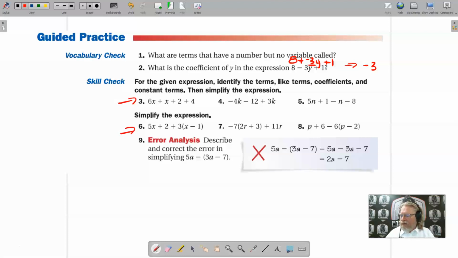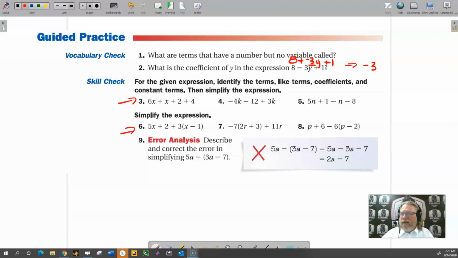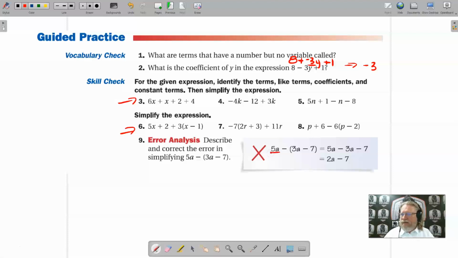Looking at the error analysis, we look for what it is that they did incorrectly. Well, they bring over the 5a, got the 5a, and then this should be the opposite of. Remember, we need to put a 1 in here and distribute in, and that would be a negative times positive is negative, so the -3a is correct, and then -1 times -7 is not -7, it's +7, so that should have been a +7 there.